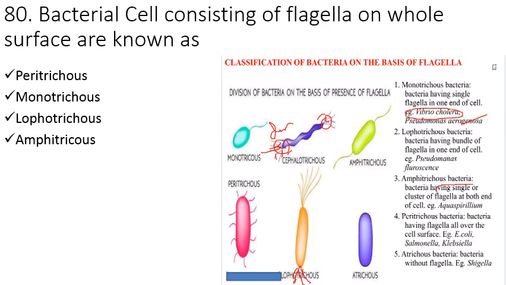Then we have amphitrichous bacteria having a single flagellum at both ends, for example Aquaspirillum. Then we have peritrichous bacteria having flagella all over the cell surface, including E. coli, Salmonella, and Klebsiella. Then we have atrichous bacteria, without flagella, for example Shigella.